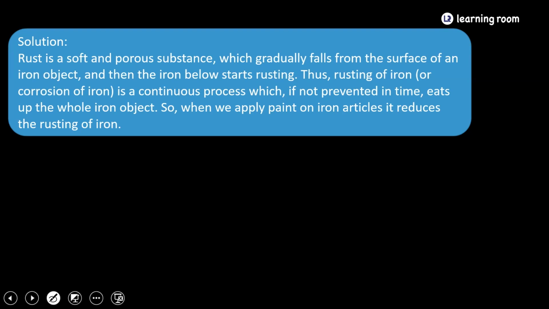The rusting of iron is a continuous process and does not stop until it eats up the whole iron object. Slowly the iron is converted into iron oxide, Fe2O3. That's why we apply paint to prevent corrosion, avoiding contact of the iron surface with moisture.